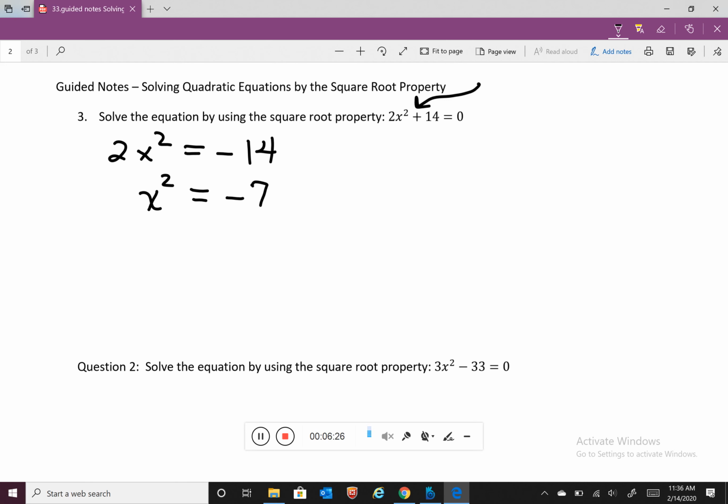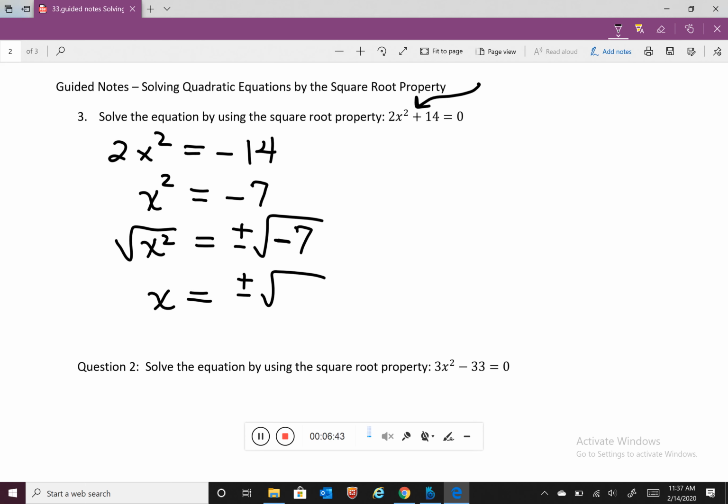And now to get x by itself, we need to take the square root of x squared and the positive and negative square root of the constant. But our constant is negative, which means x is equal to positive or negative square root of negative 7. And anytime we have the square root or an even root of a negative, that means our solutions are imaginary, not real.